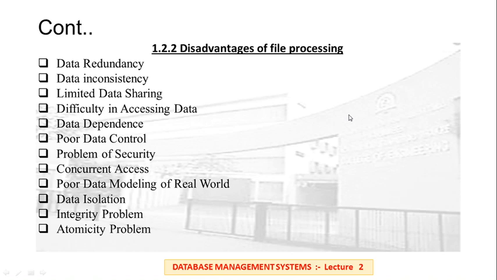The seventh point is the problems of security. It is very difficult to enforce security checks and access rights in a traditional file system. To a file we can set password protection, but what if we have to give access to only a few records in a file?